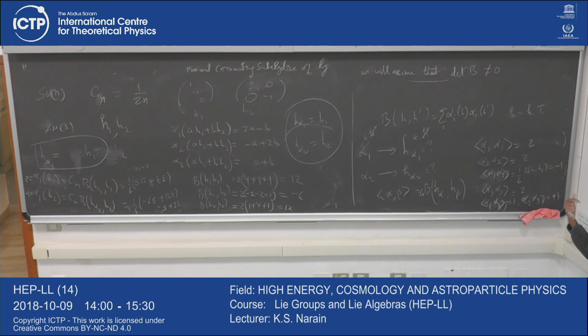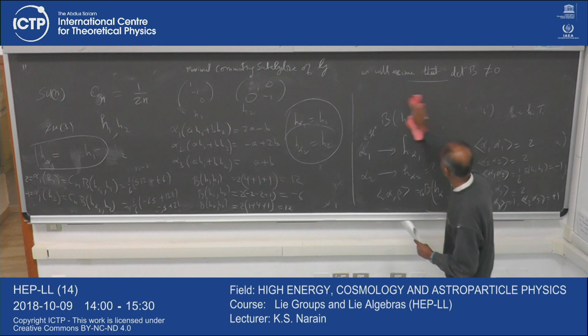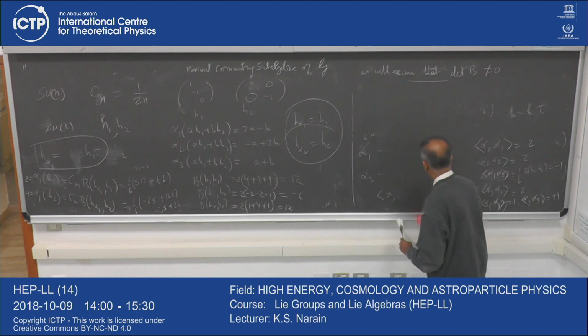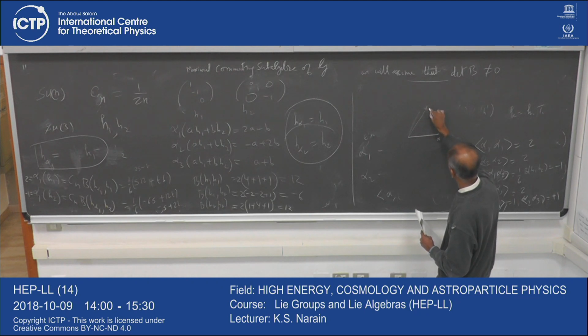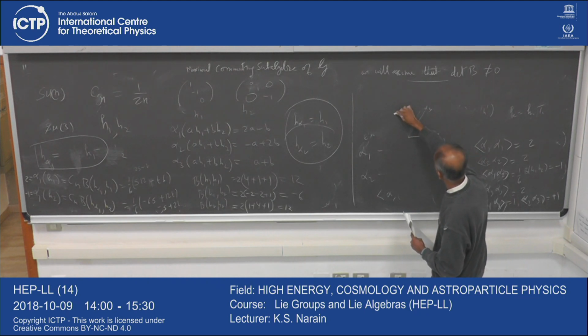And does this remind you of something? This is exactly the hexagon we drew, right? There the lengths we were taking to be integers, but if you take the length to be square root of 2, then the length squared is 2. So it's exactly that vector that we were drawing. Alpha 1 was this here. There's 60 degrees here, alpha 3, and 120 degrees, alpha 2, and then the negatives.